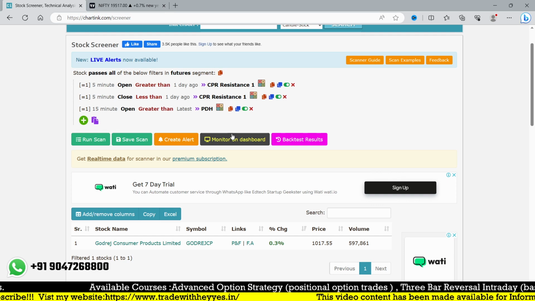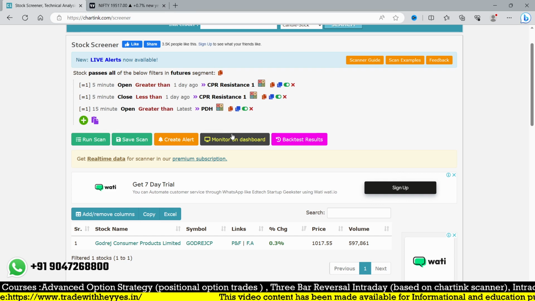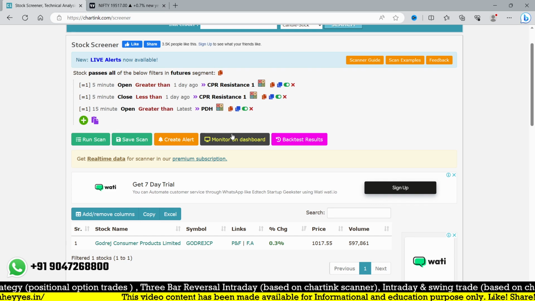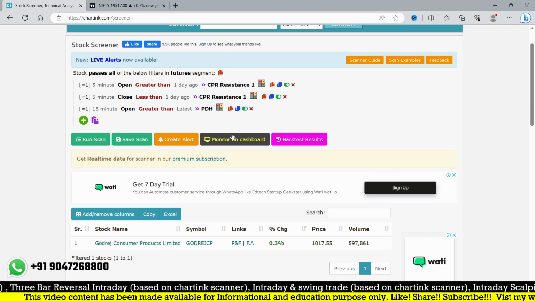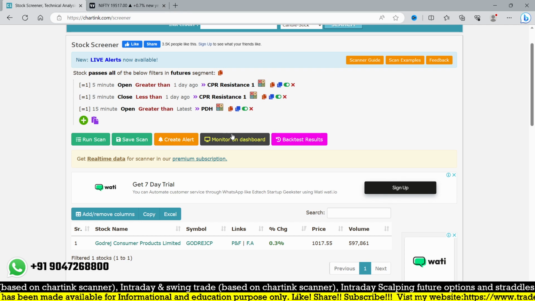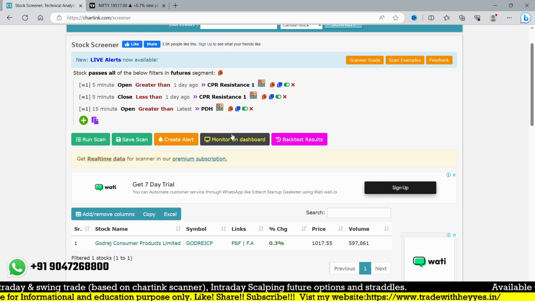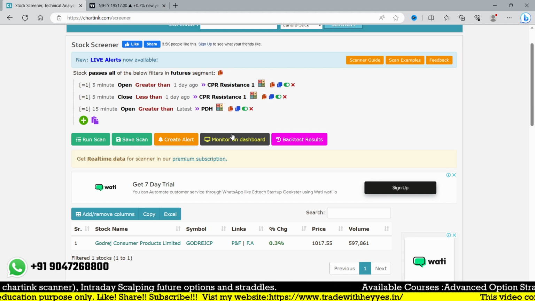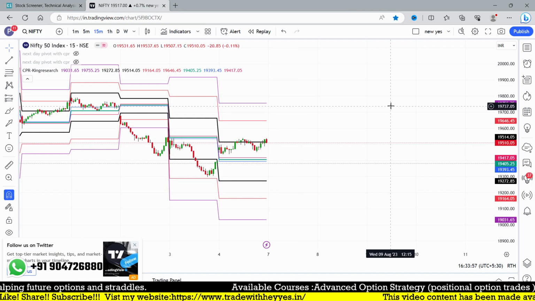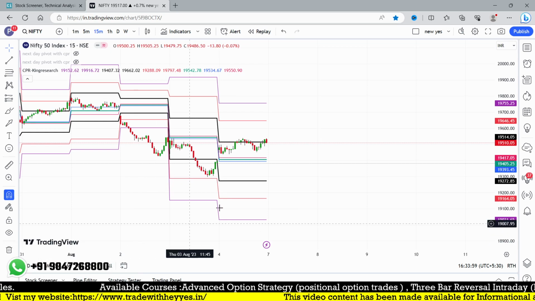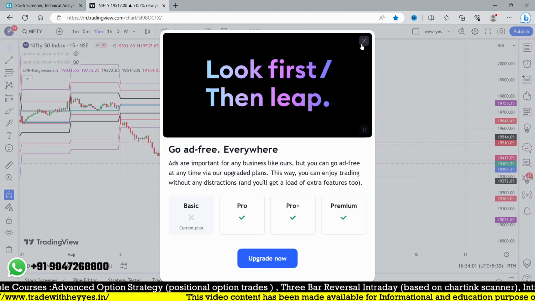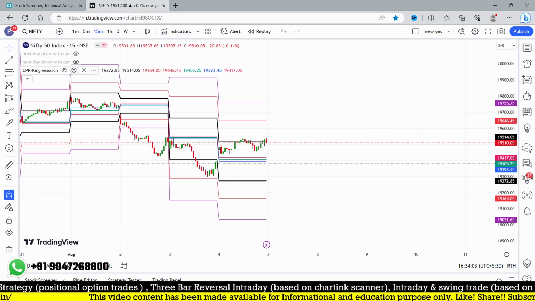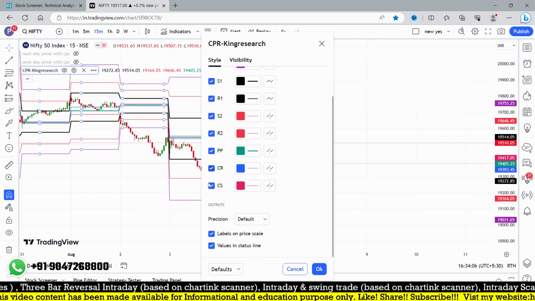Godrej Consumer Products, which is happening as per the CPR formula. So it is open above R1 in the first 5 minutes and it closed below the resistance 1 level in the first 5 minutes itself, and it opened above the previous day high, PDH. So that is also what we easily find out with this particular scanner. Here we can also add a PDH, PDH and PDL, if you wish.